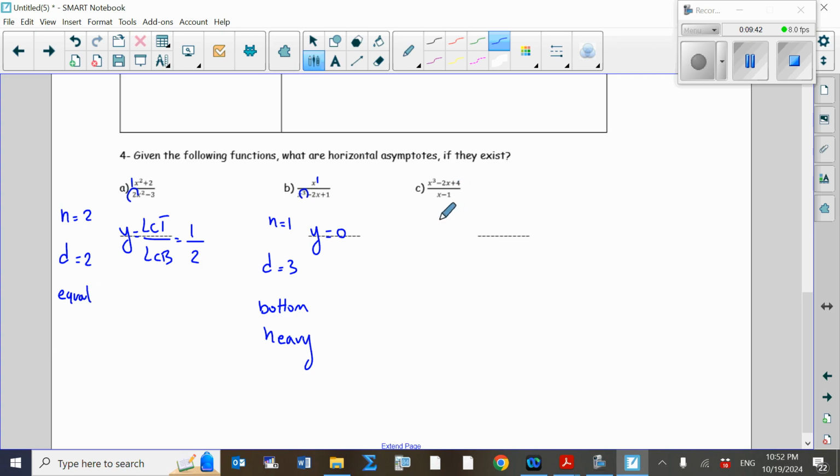Next one, the degree of the top is 3, and the degree of the bottom is 1. When you compare them, this one is top heavy. If it's top heavy, there is no horizontal asymptote.